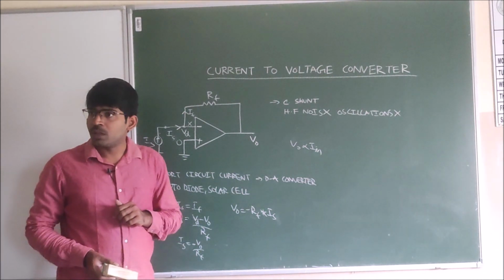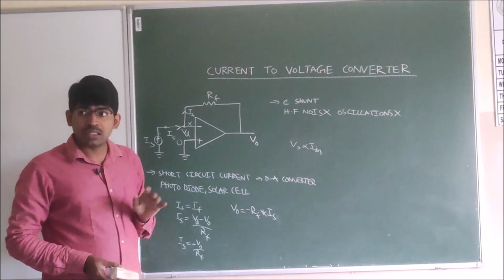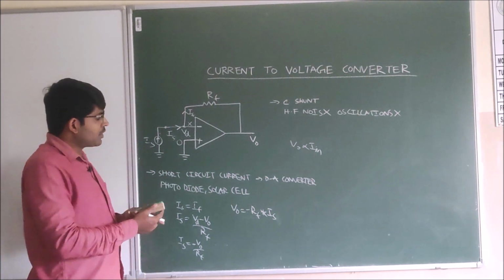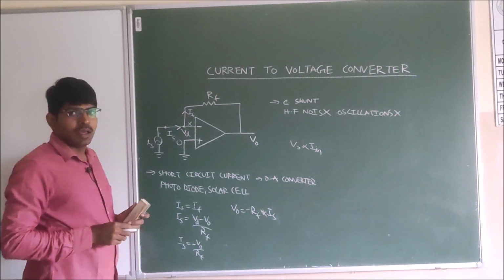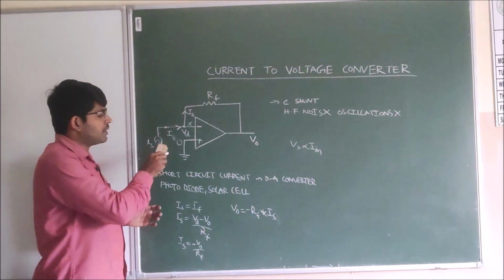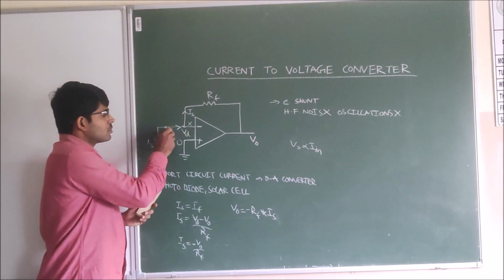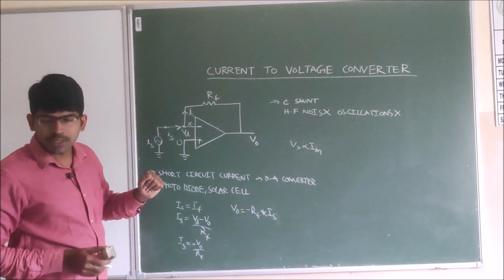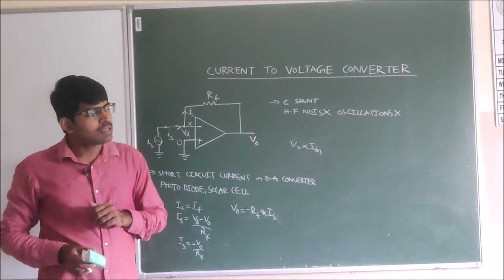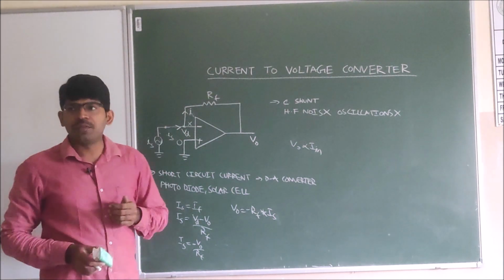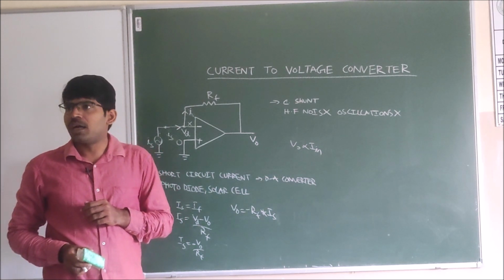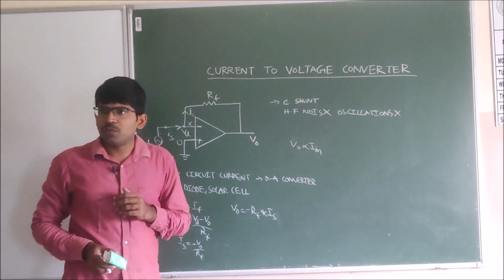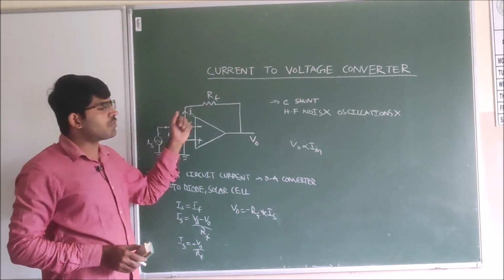Sometimes we give high frequency signals. Here I have considered only DC current. But if I take AC current and the frequency of the current is very high, then for high frequencies there might be stray inductance and stray capacitance effects.